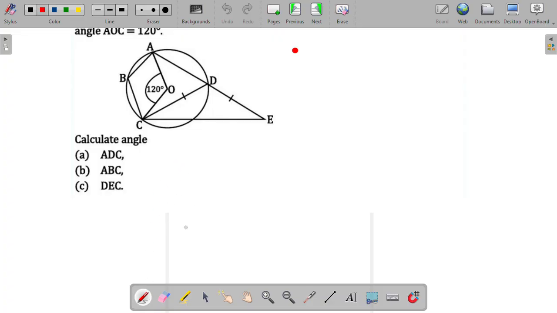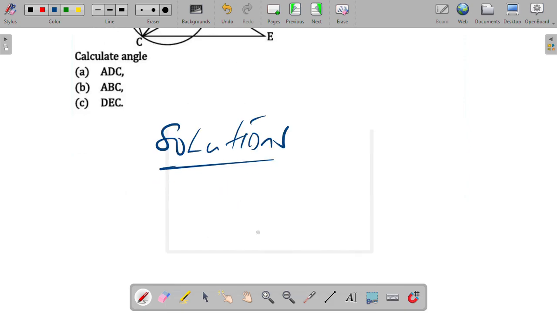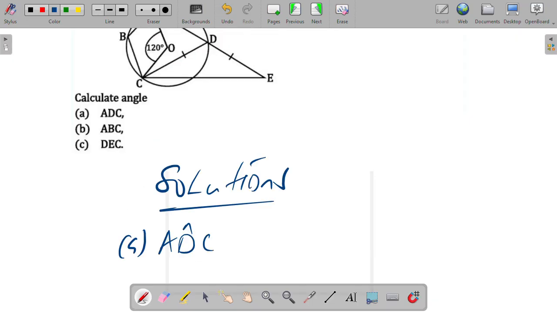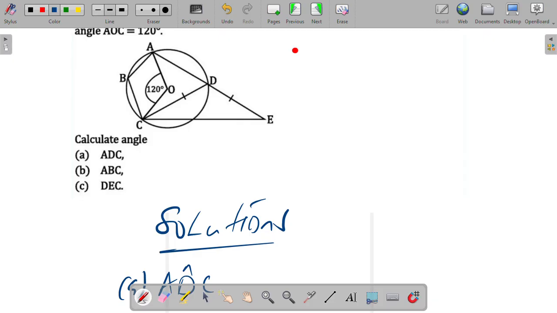Let me write here, solutions, using my blue pen. We are told to find angle ADC, this angle here.